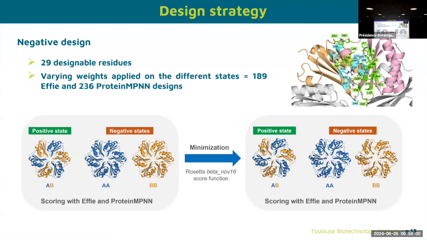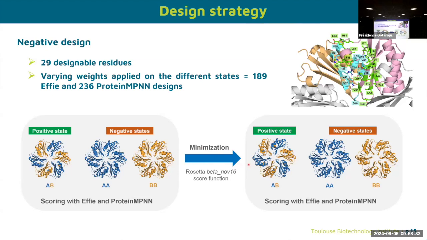We also constructed the conformation for each state for each solution, and we minimized this conformation with a Rosetta fine-grained score function that can alter the conformation. We scored the conformation before and after minimization with both the EFI and ProteinMPNN score functions.